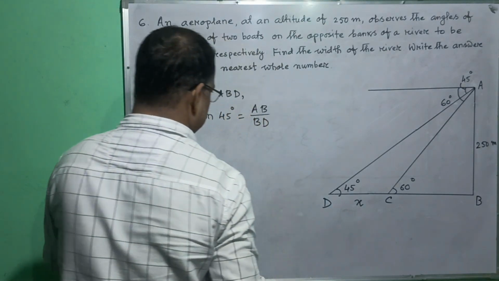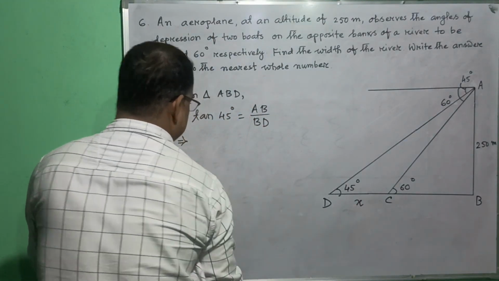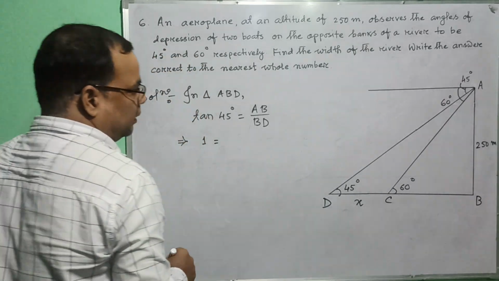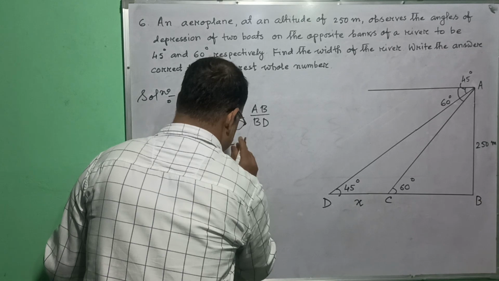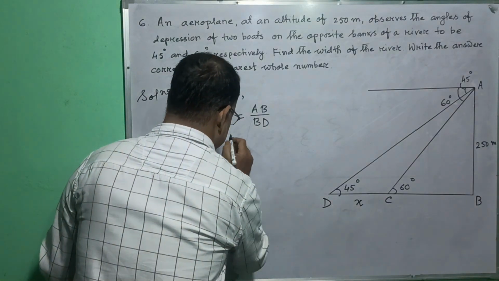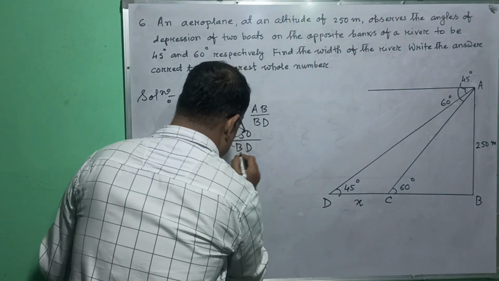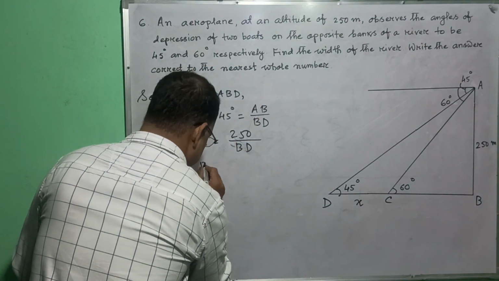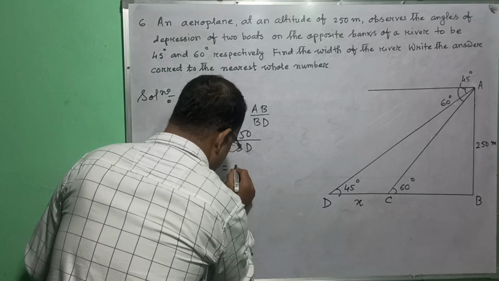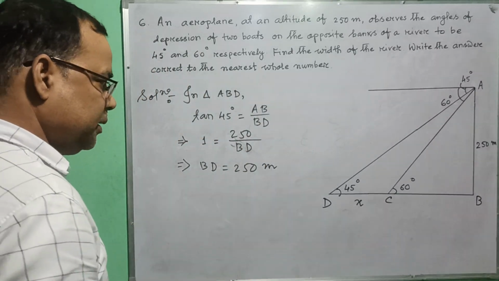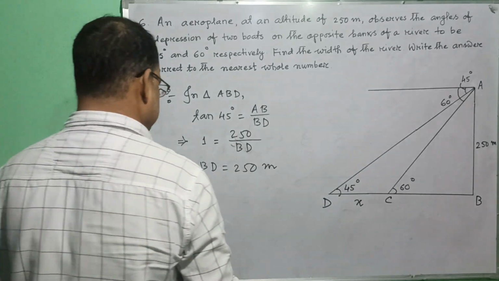We know tan 45 degree equals 1. So 1 equal to AB, which is 250, by BD, that is 250 by BD. This implies BD equals 250 meter. The length of BD is 250 meter.